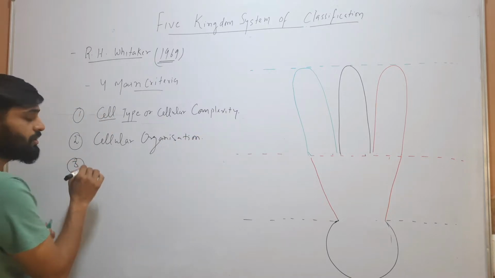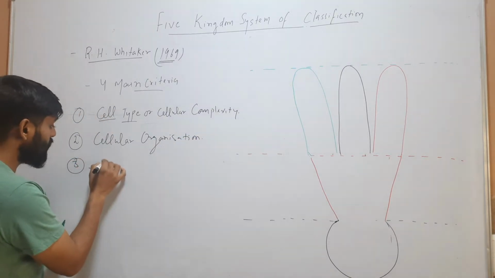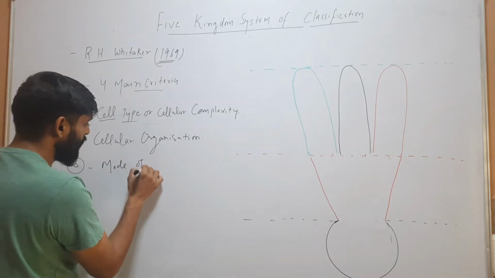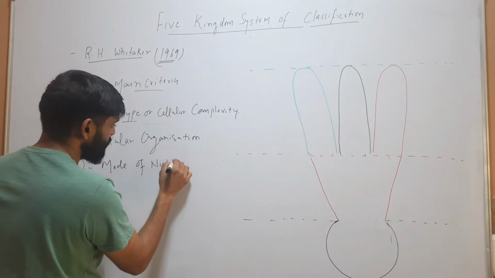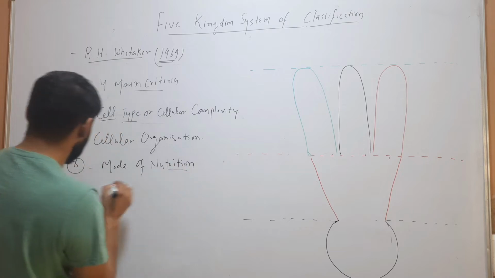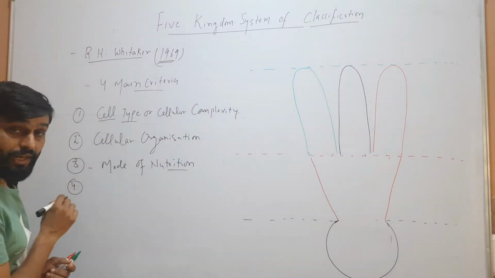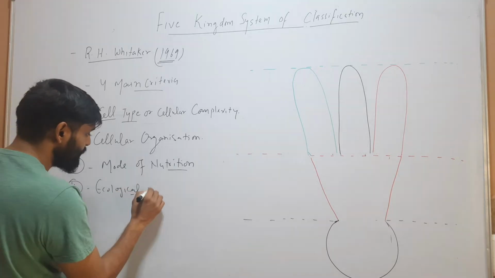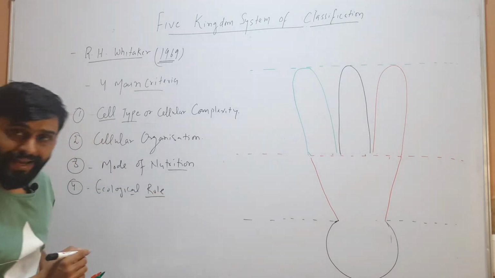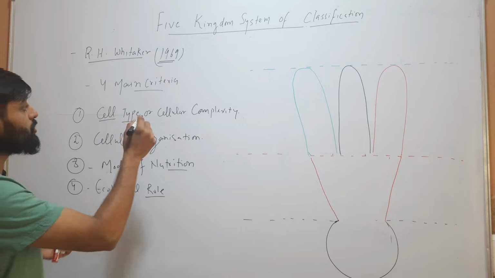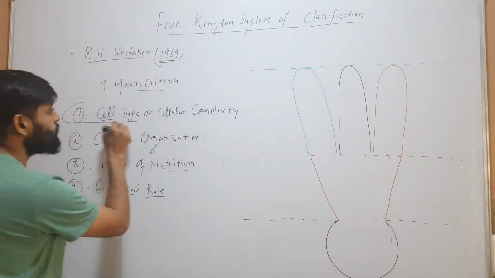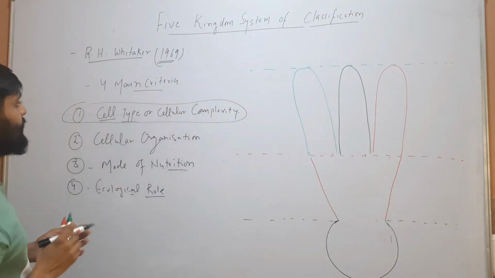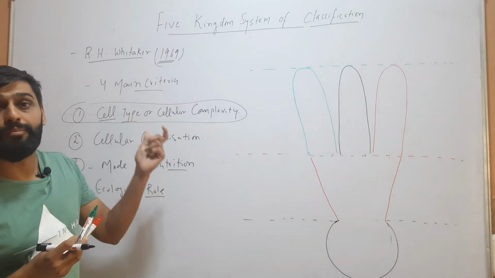Third one was mode of nutrition. And the fourth and last is ecological role that is played by organisms. So we will talk about the first criteria, that is cell type or cellular complexity.